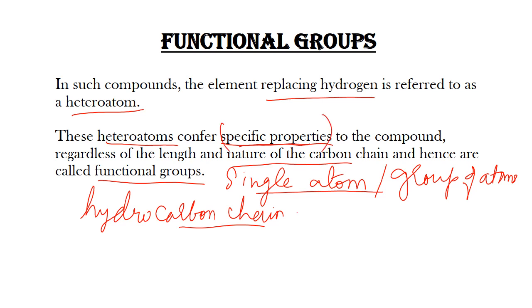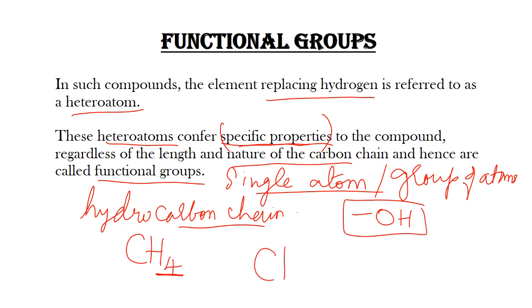Now let's take an example. I will take methane again. Now when one of the hydrogens of methane is replaced by an OH group, we get CH3OH.